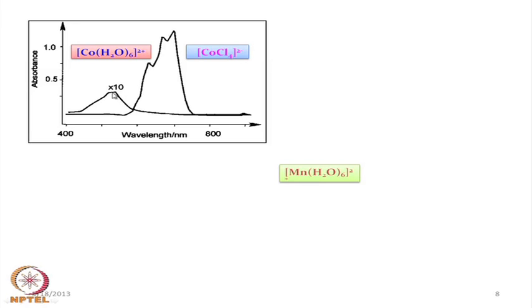Sometimes to measure or identify this particular band, we have to go for a highly concentrated, even 10 times concentrated solution. So the response we get for this solution is good, because we get absorbance values well above 1. But to get the response for the hexaaqua cobalt compound, we should have a solution concentration 10 times higher.